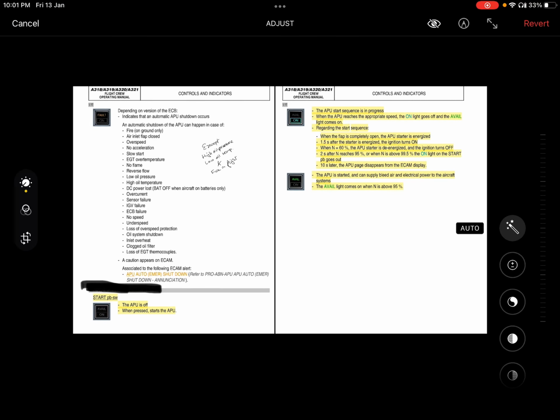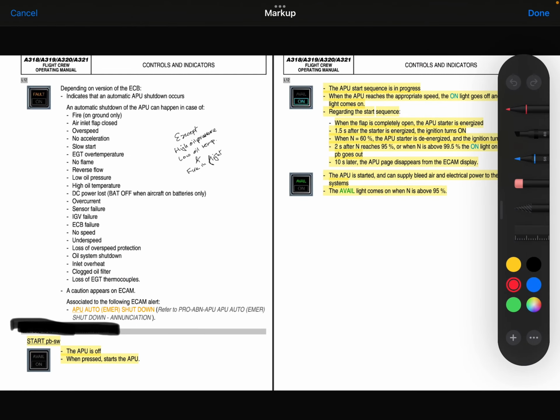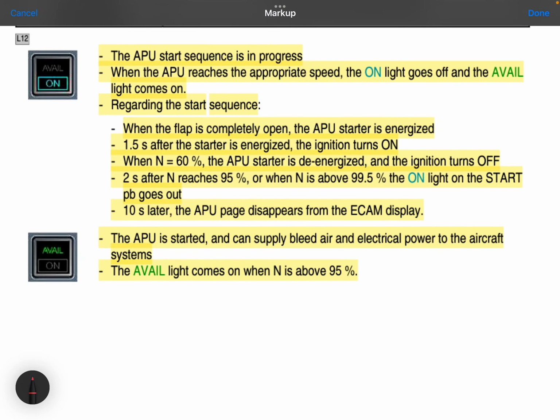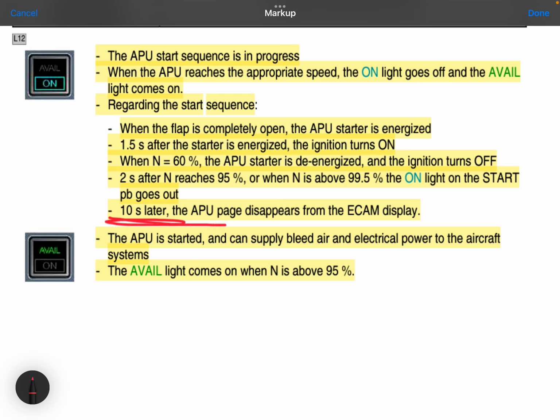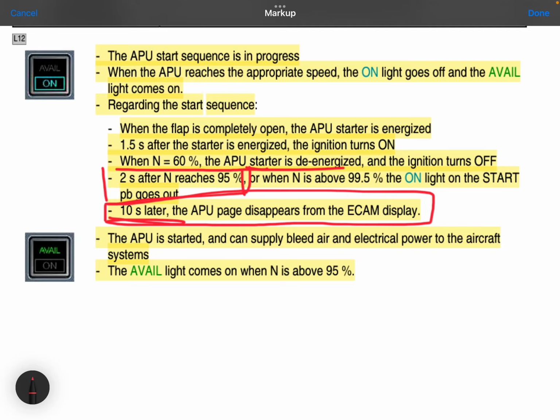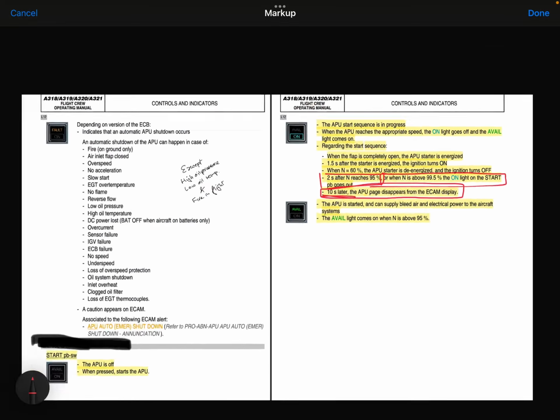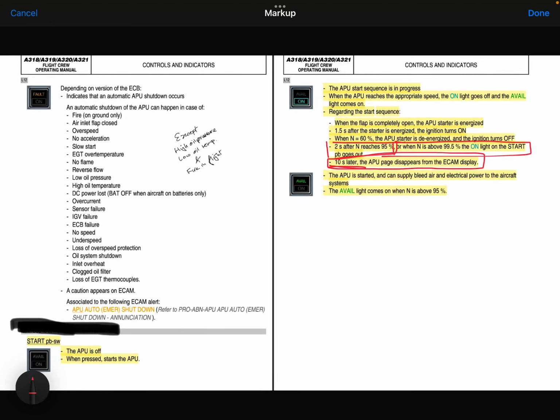Mark them, write them down and keep revising them. 10 seconds: APU page disappears. 2 seconds when N reaches 95% or when N is above 99.5%: ON light goes off. You can read the reasons of automatic shutdown, right?